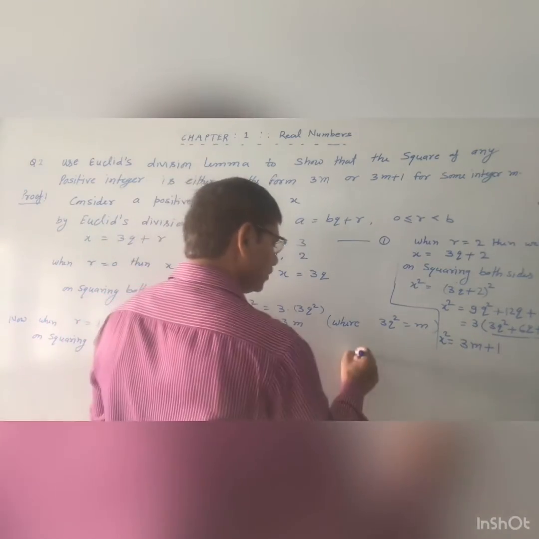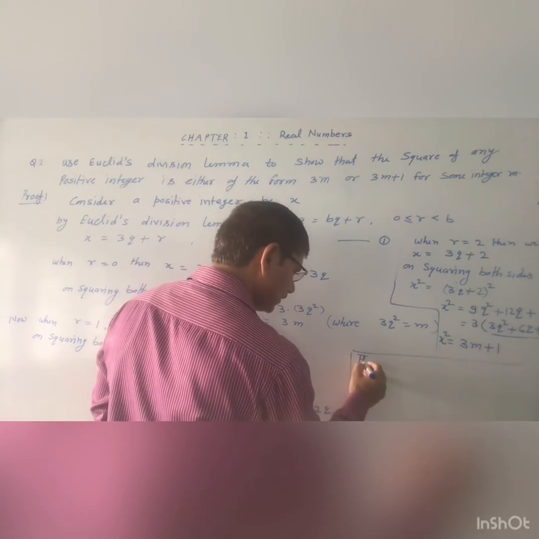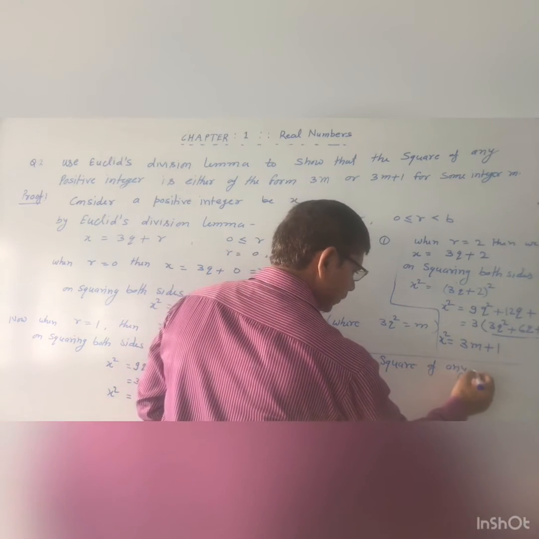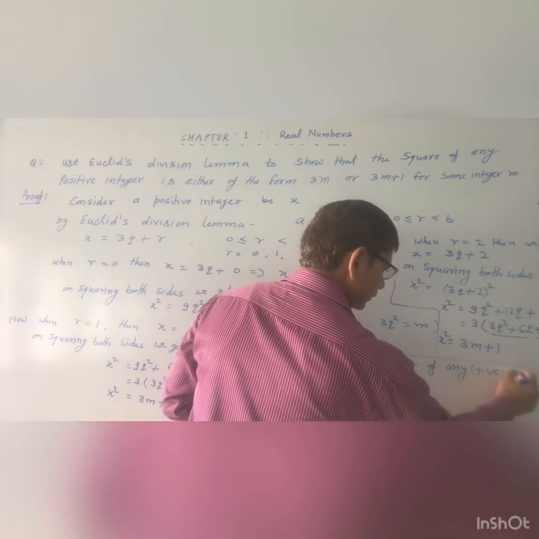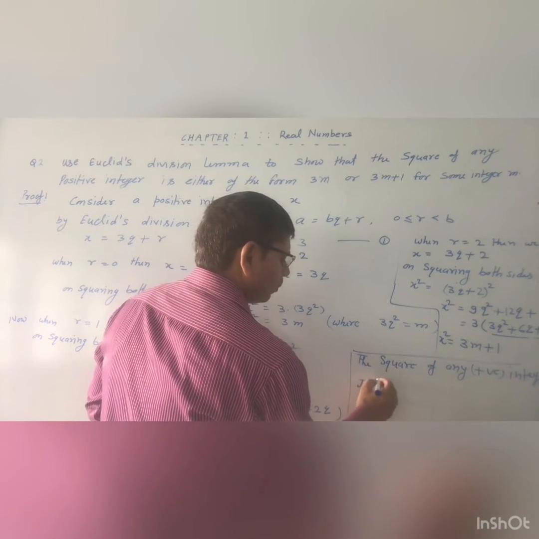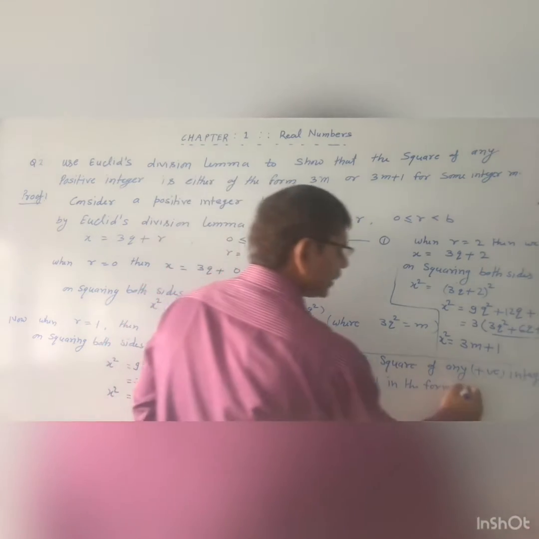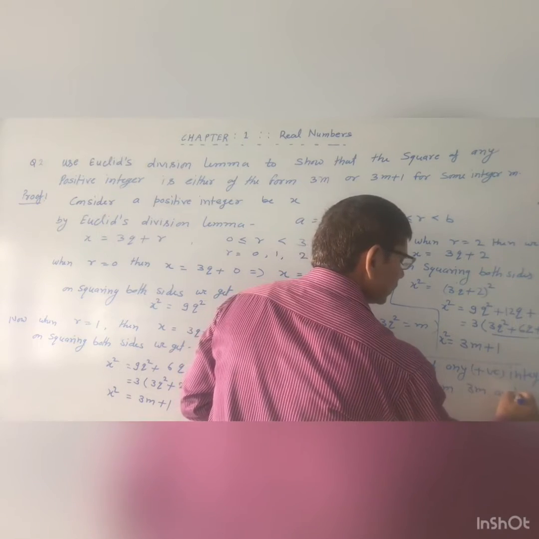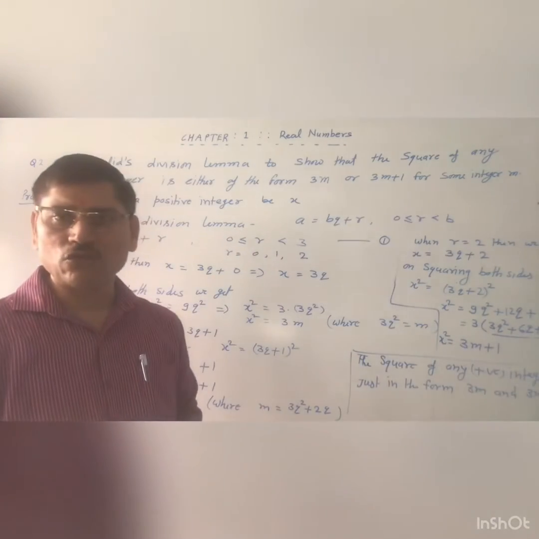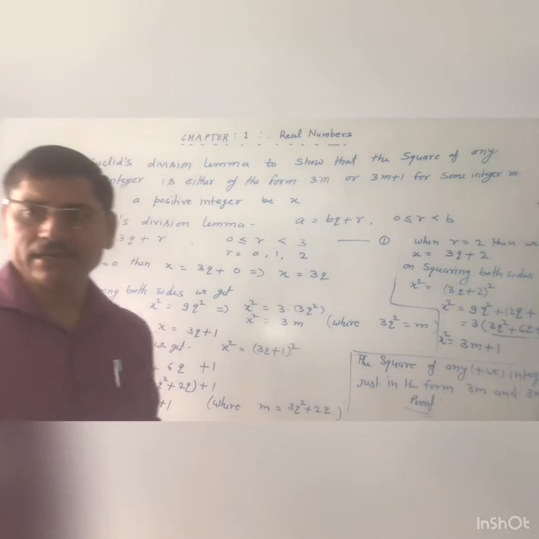The conclusion is that the square of any positive integer is of the form 3m or 3m plus 1. So this is the proof of this question. So you will get the final result.